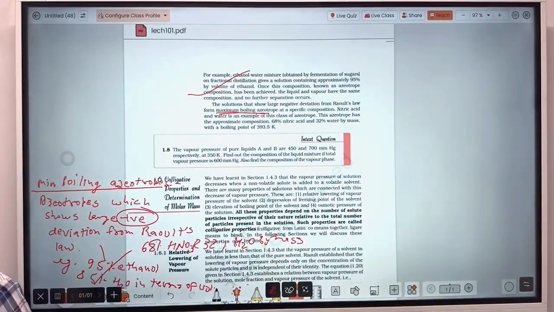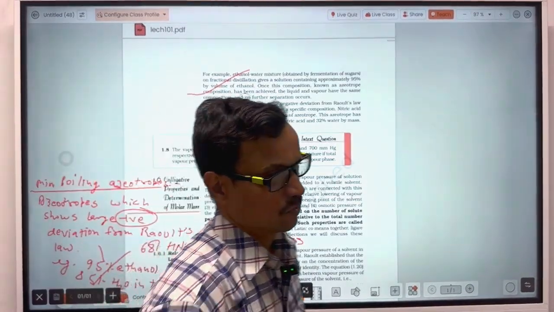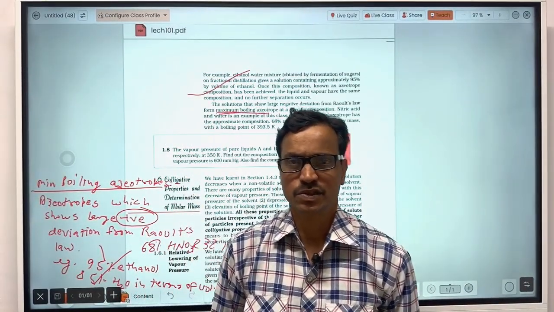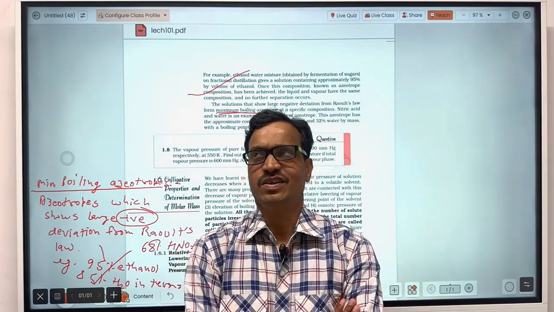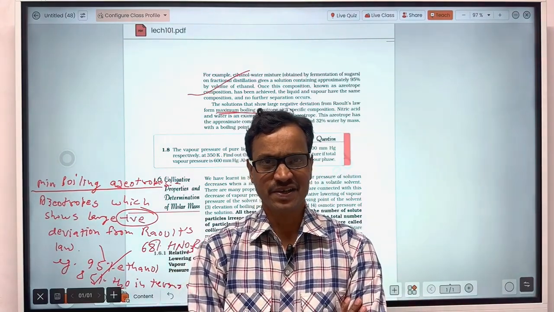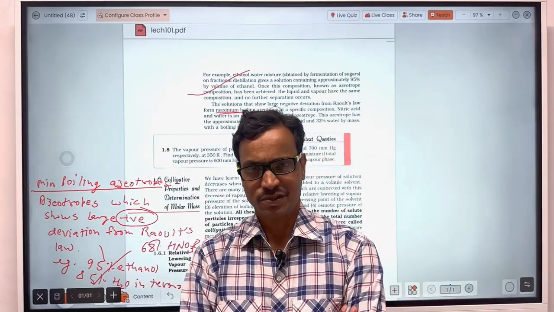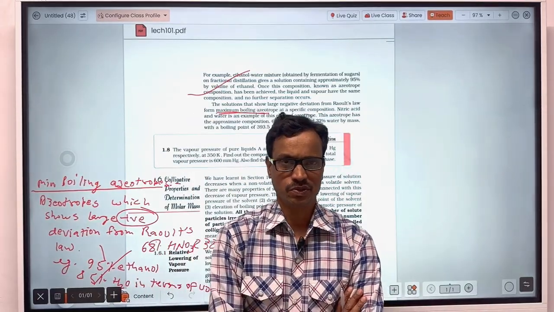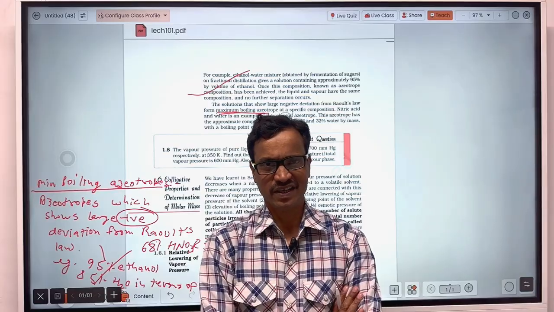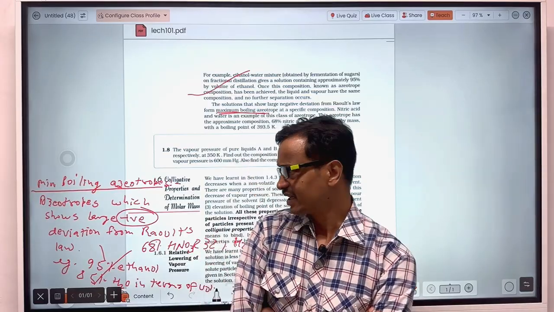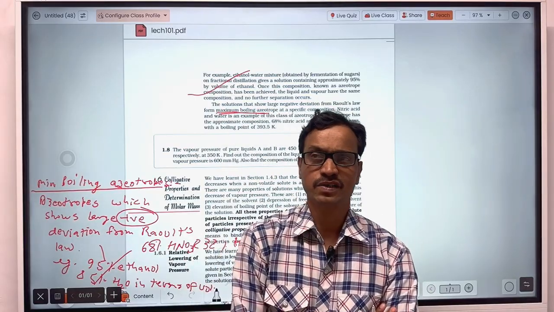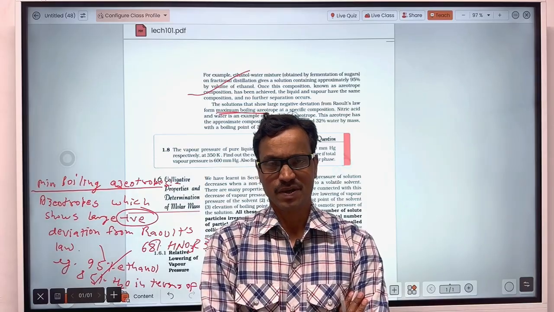So an ideal solution is the solution which obeys Raoult's law over the entire range of concentration, and a non-ideal solution is the solution which does not obey Raoult's law over the entire range of concentration. Then the non-ideal solution is of two types.